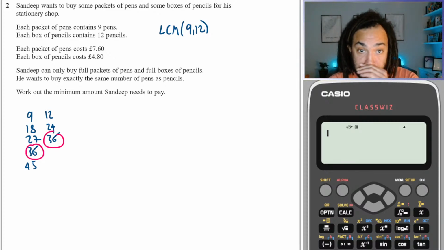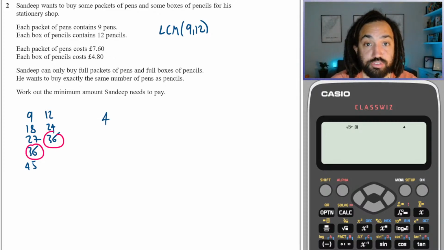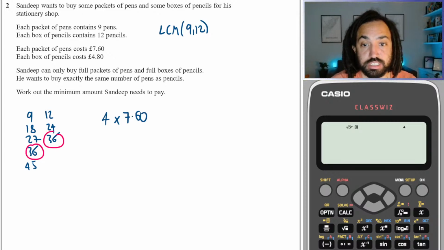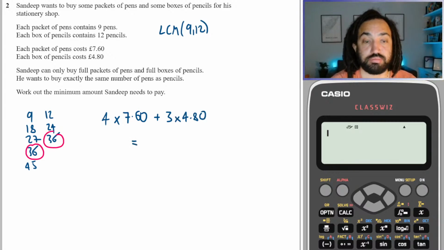So that means that we need to buy 4 packs of pens, because 4 times 9 is 36. So 4 packs of pens cost this, and we're going to have to buy 3 packs of pencils to make 36.